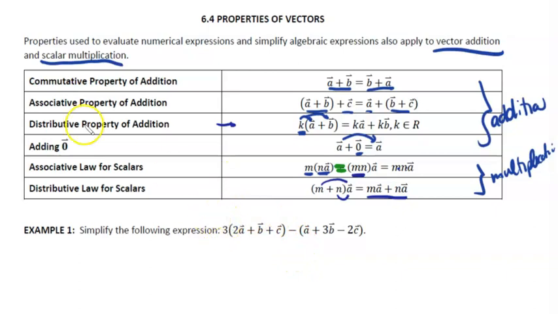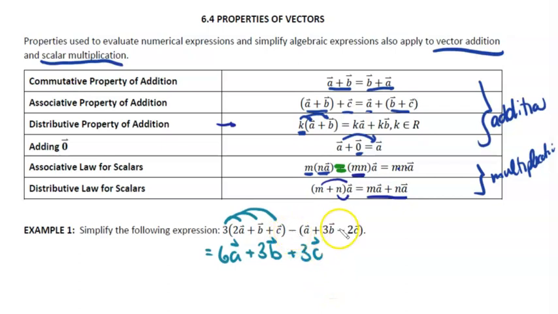We're going to start with the distributive property, distributing the scalar 3 into the first bracket. So 3 times 2 vector a is 6 times vector a, plus 3 times vector b, plus 3 times vector c.